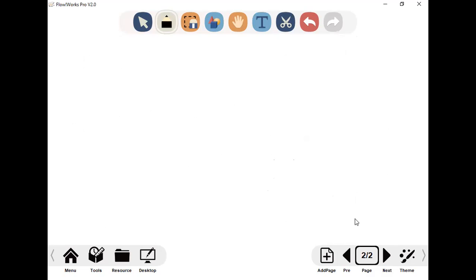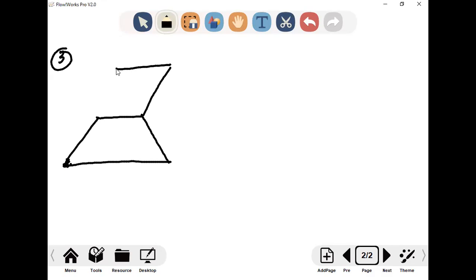Question 3 also has two figures. We have a trapezoid, something like this. You know the trapezoid. And here we have a parallelogram. So we have A1 for the trapezoid and A2 for the parallelogram.